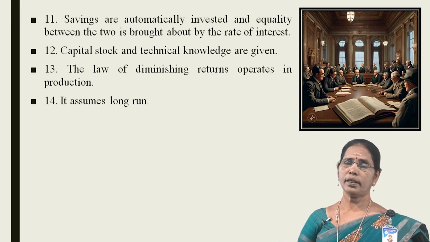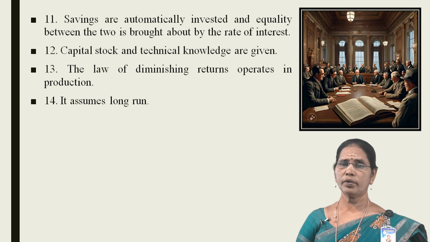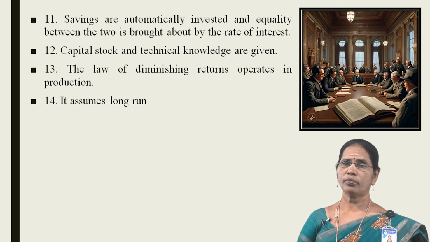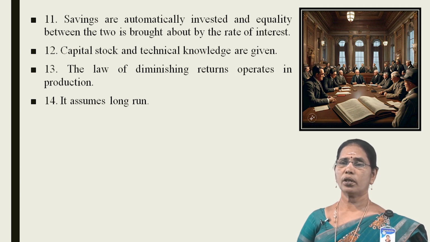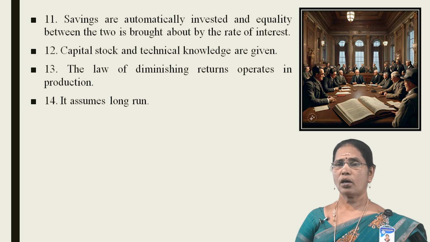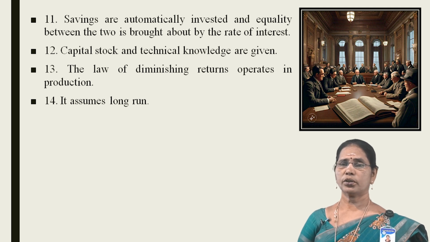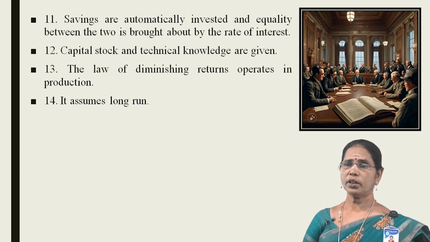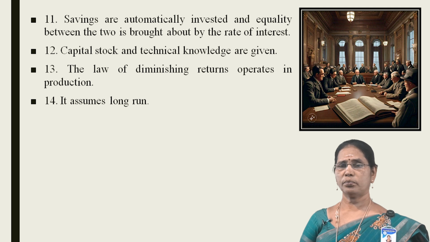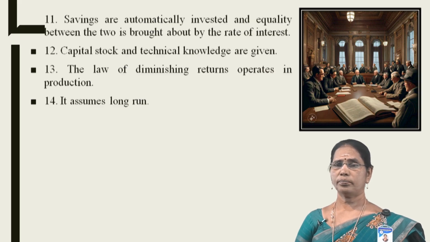Savings are automatically invested, and equality between the two is brought about by the rate of interest. Capital stock and technical knowledge are given, so the techniques are constant. The law of diminishing returns operates in production. It assumes the long run.